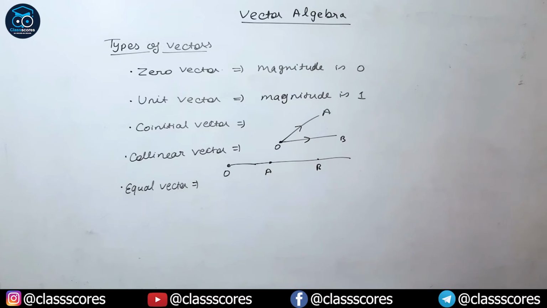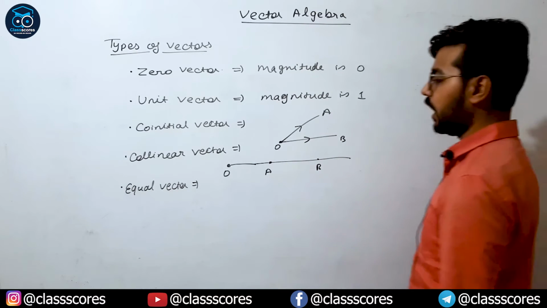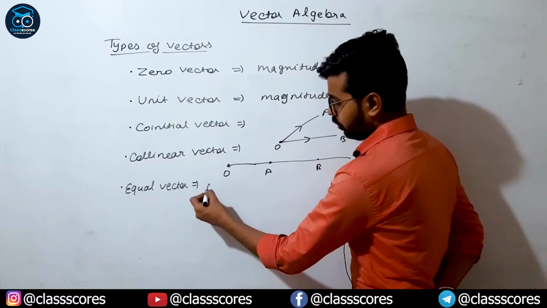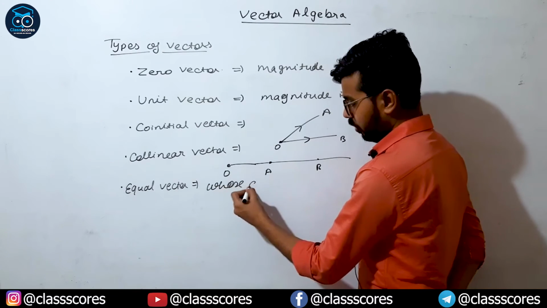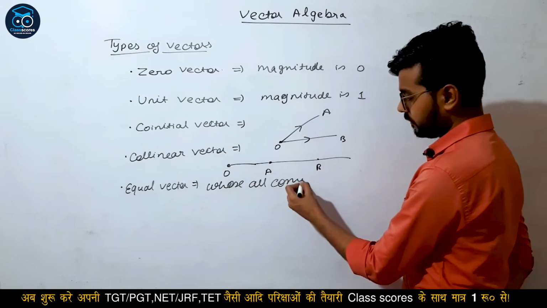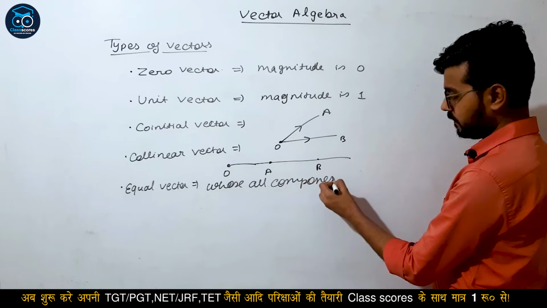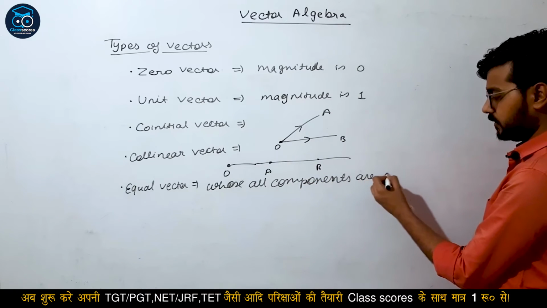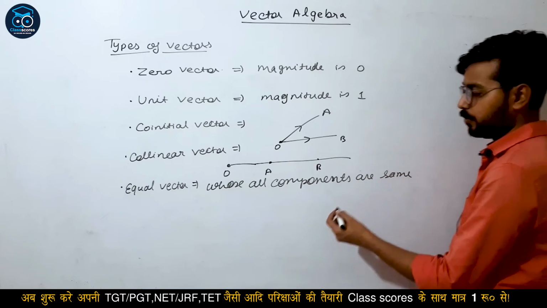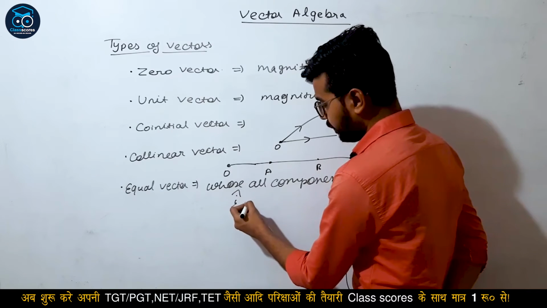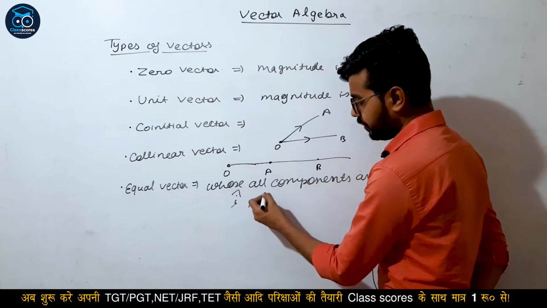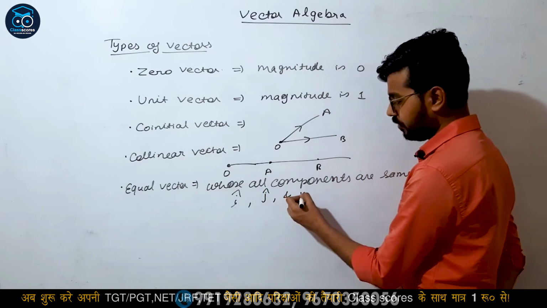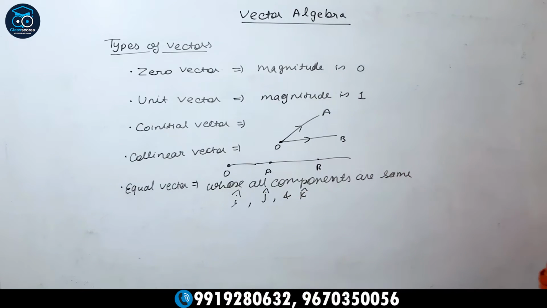Now next one is equal vector. Equal vectors are those vectors whose all the components are the same. Components means the coefficient of i cap, coefficient of j cap and coefficient of k cap are the same.